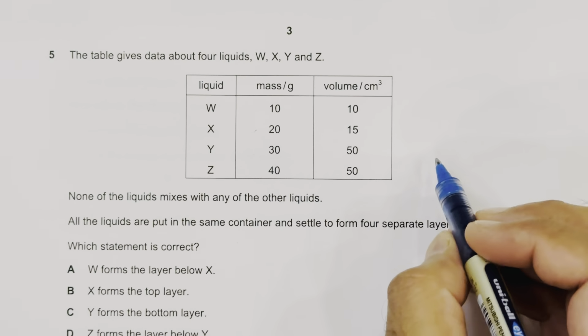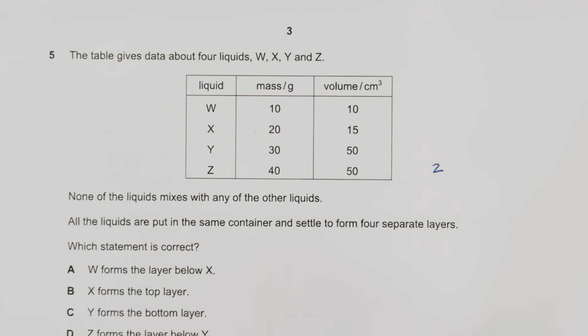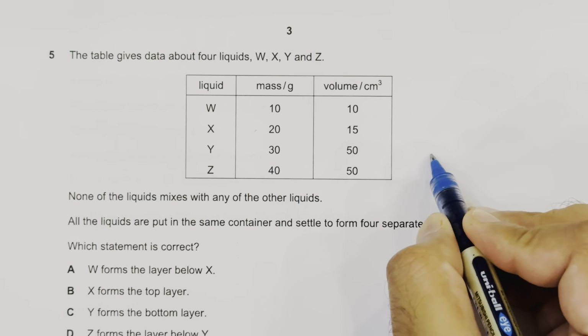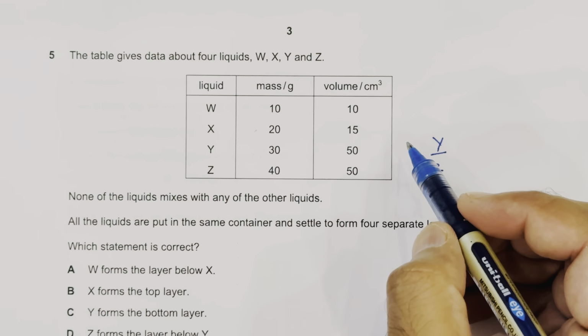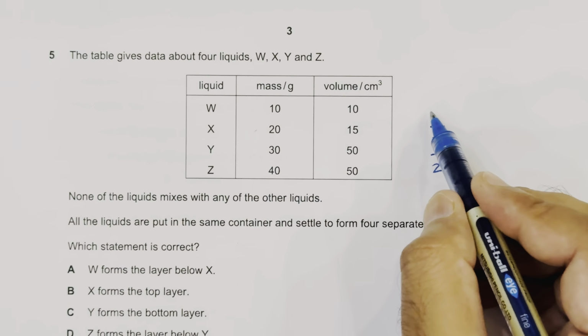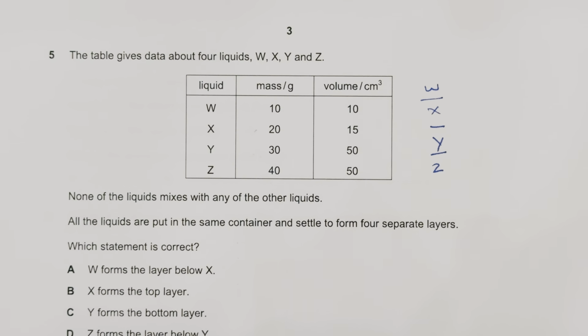We know that Z would be the first one because it has the greatest density. Then after that it would be Y, then X, and then W. So it would be put in this order.